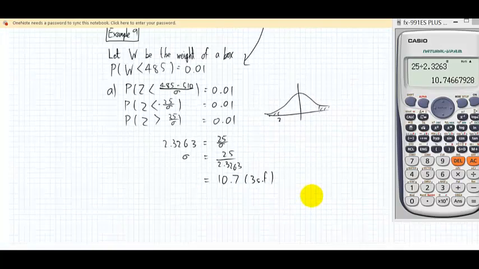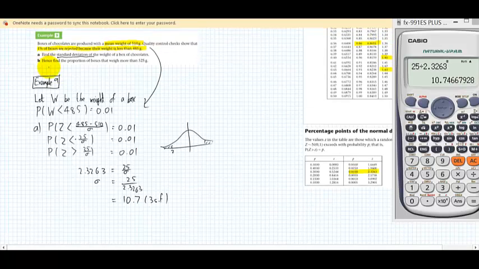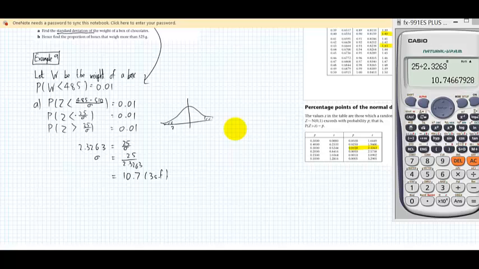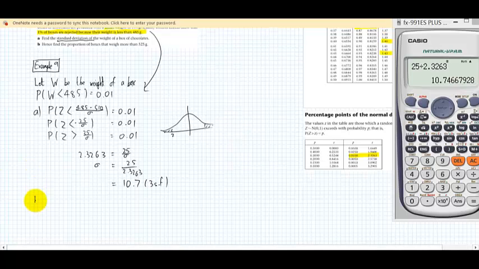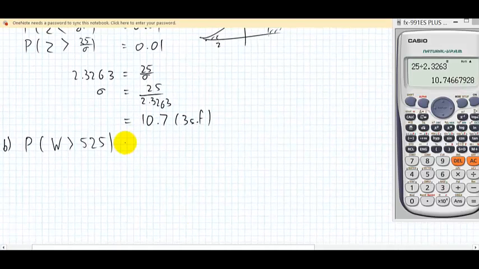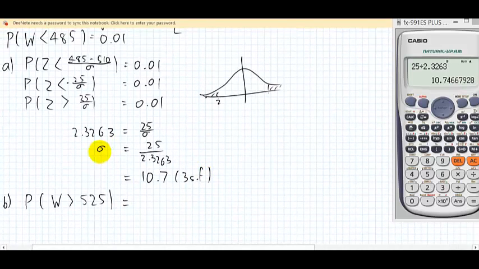Okay. And then finally it says, hence find the proportion of boxes that weigh more than 525 grams. So let's write that using probability. We need to work out the probability, proportion and probability are basically the same thing, of the weight of the box being more than 525 grams. How do we do this? Now we know the mean and the standard deviation.